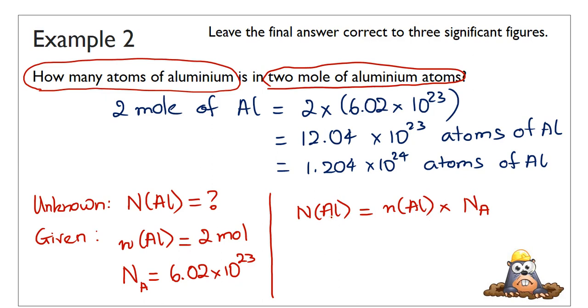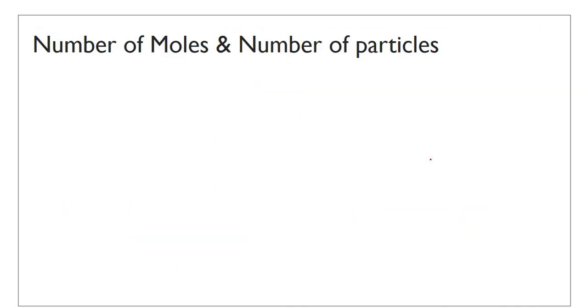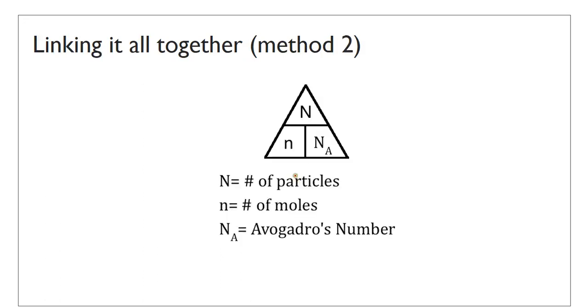So you can think of this as the mathematical relationship between the number of particles, the number of moles, and Avogadro's constant. So linking everything together, this is the second way: you could use this little triangle. I don't know whether you've used it in the past, but anything that's on the same row, basically you can multiply them together.